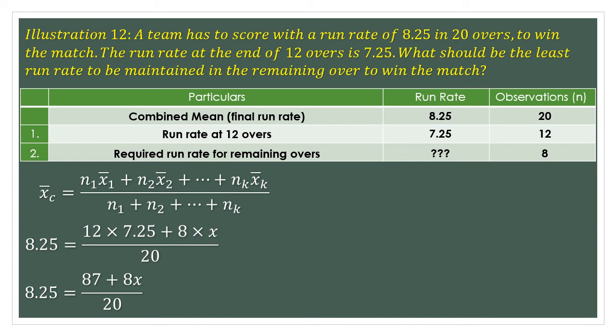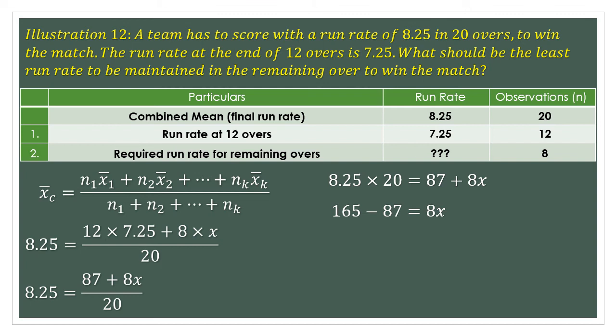In the next step, I am going to shift the 20 in the denominator to the opposite side of the equal sign. That is, I am going to multiply 20 with 8.25. When I multiply these two values, I will know actually how many runs are required to win the match. So 165 runs are required to win the match, of which 87 runs have already been done.